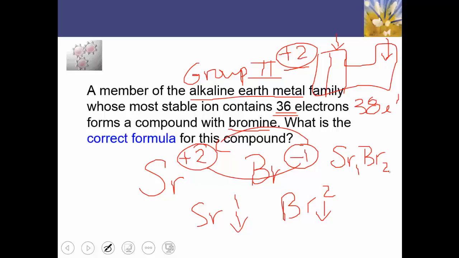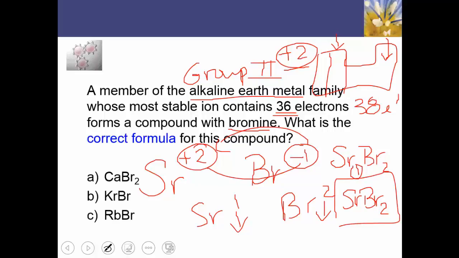And remember, when we're writing formulas, we don't ever have a subscript of 1. It's just implied that if we write down the symbol, there is 1 of that particular atom. Of course, if we want more than 1, we do have to use a subscript. So it is SrBr2. Here are some choices, but it would have been the strontium because of the 38 electrons that needed to be in there.